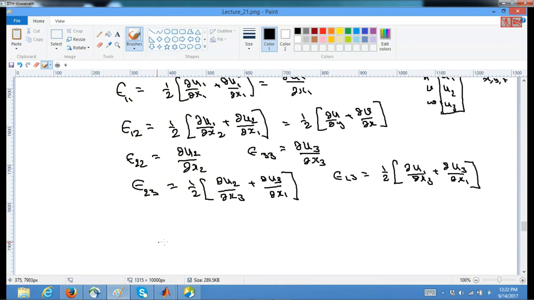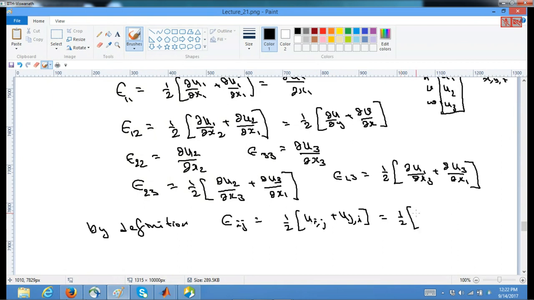Now you can see that by definition epsilon ij is equal to 1/2 (ui comma j plus uj comma i). If I rewrite these two terms, I can write it as 1/2 (uj comma i plus ui comma j), but this is equal to epsilon ji.